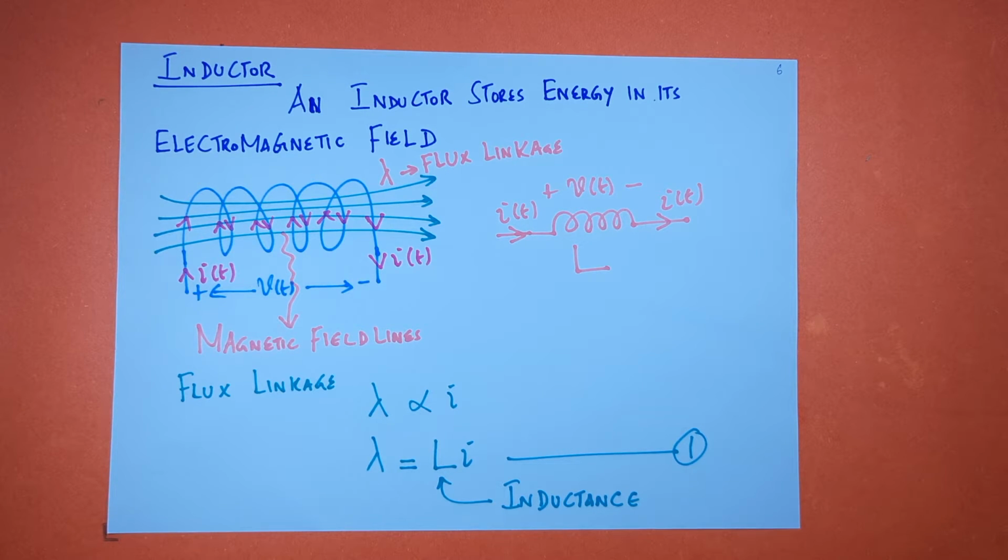So lambda and current are directly proportional. Now I can write lambda equal to L into i. This constant of proportionality, L, is nothing but inductance.